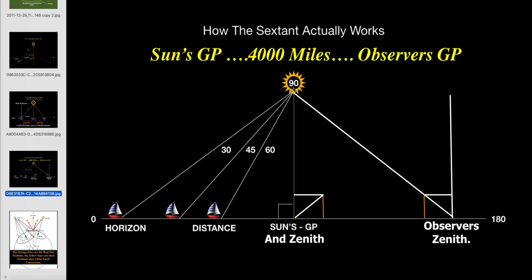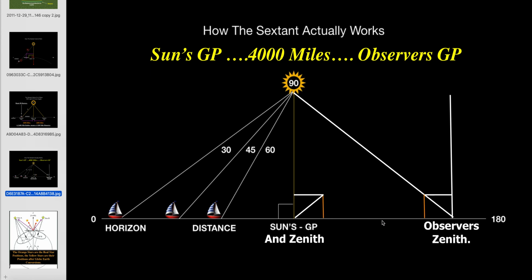So here we have the sun's GP, right? This is the sun's zenith and the observer's zenith. The sun's GP, 4,000 miles, observer's GP. So this is the sun's GP here. That's the observer's GP. So as you can see, this is a right angle, right? Both of them are right angles. And there's 4,000 miles, I'm just saying 4,000 miles.